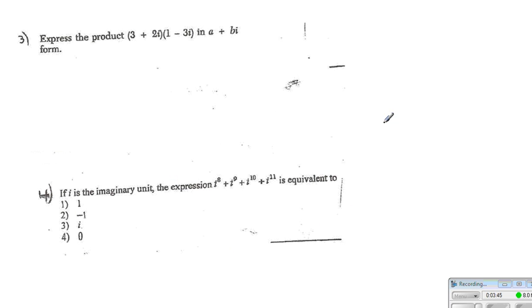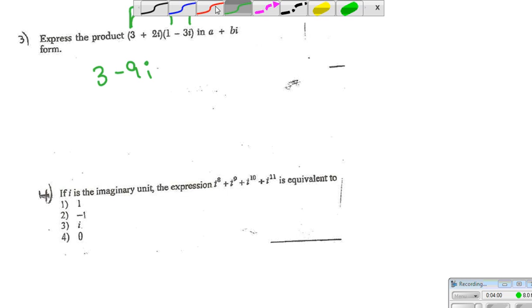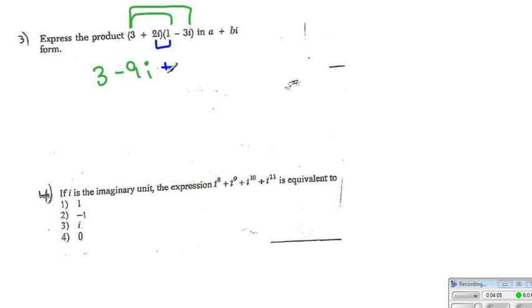Okay, here we just have to multiply these two numbers. So 3 multiplied by 1, we end up getting 3. And 3 multiplied by negative 3i becomes negative 9i. Then we have 2i times 1 becomes plus 2i. And then 2i times negative 3i, so therefore we get negative 6i squared.